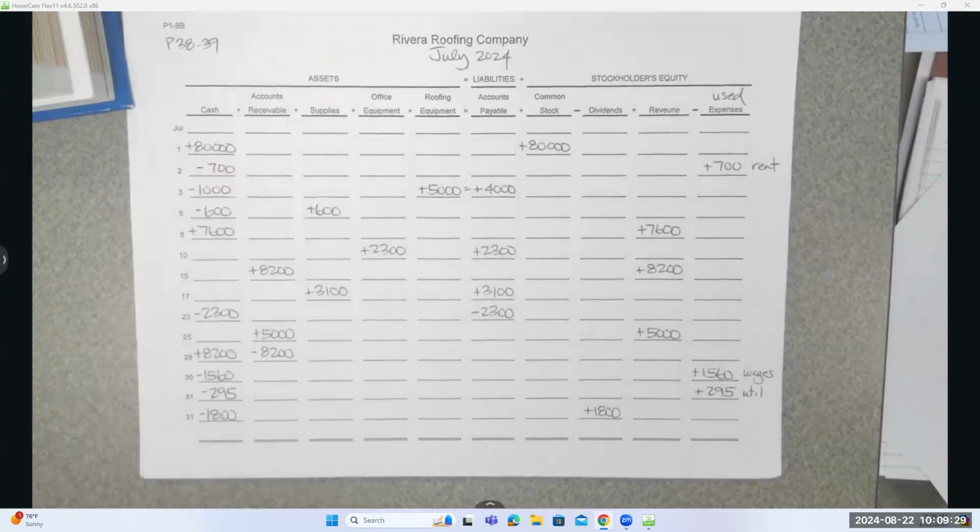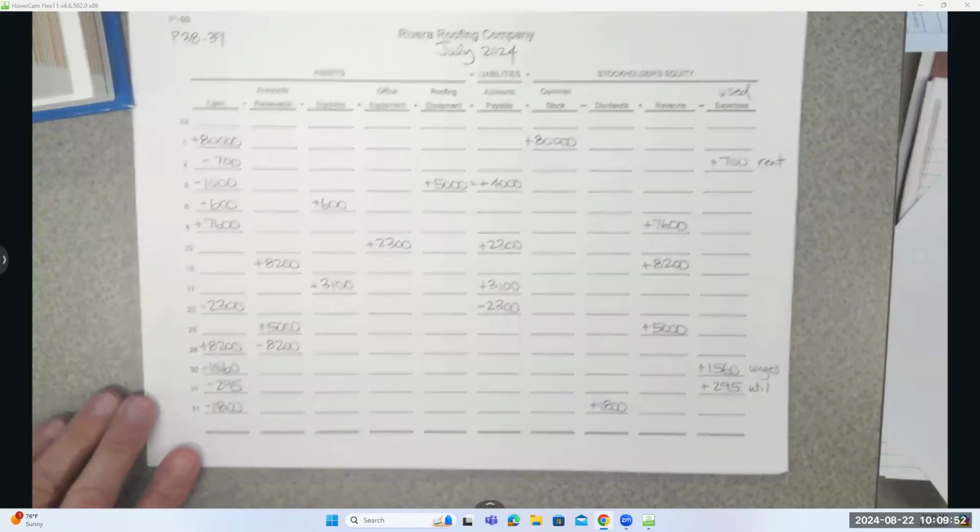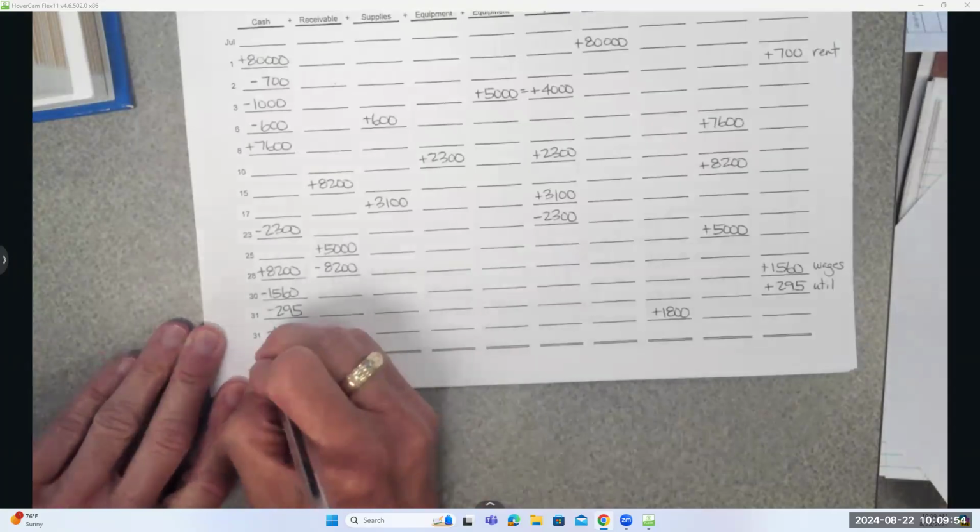Questions about the transactions? Then let's add up and see where we are at the end of the month and make sure that our accounting equation is still in balance.